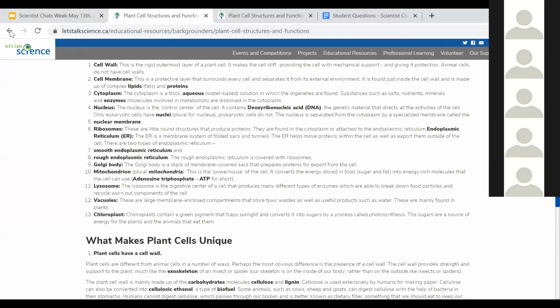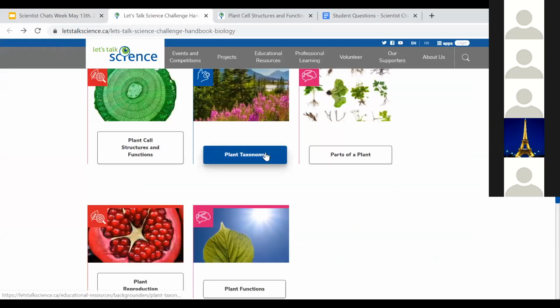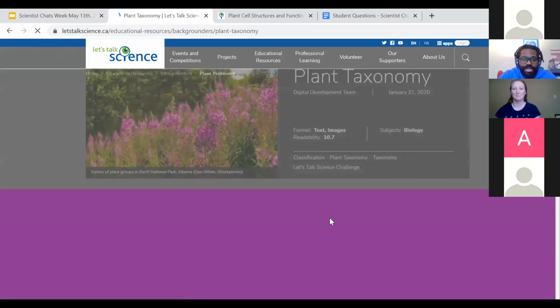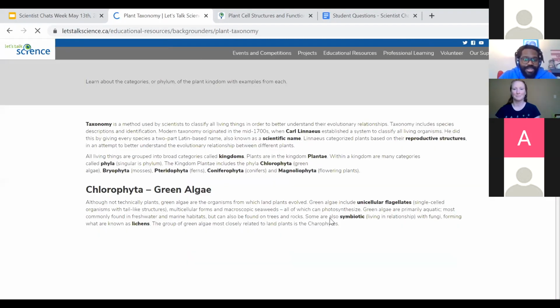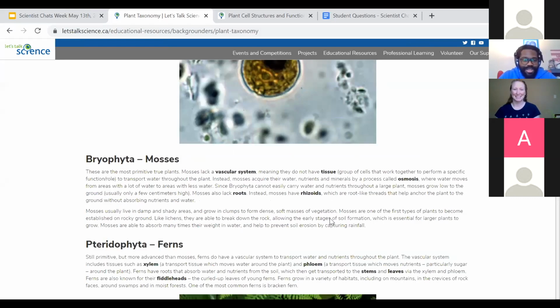As well, we'll be looking over a bit of plant taxonomy, which our guest today is actually going to give us a little bit of an overview of. So it should be pretty interesting.